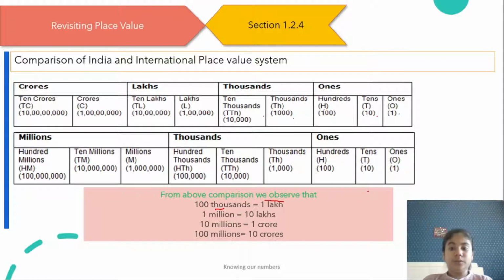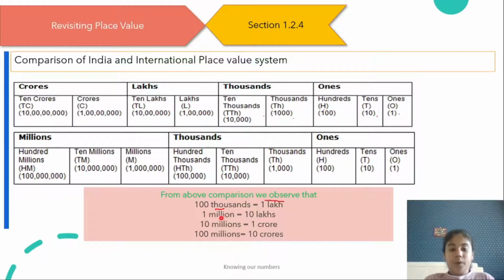Now let's do the international place value chart. 1, 2, 3, 4, 5, 6. We have counted 6 units here also, which reaches 1 lakh in the Indian place value chart and 100,000 in the international place value chart. So if you put them under each other, it means 100,000 equals 1 lakh or 1 lakh equals 100,000. They both are the same thing.